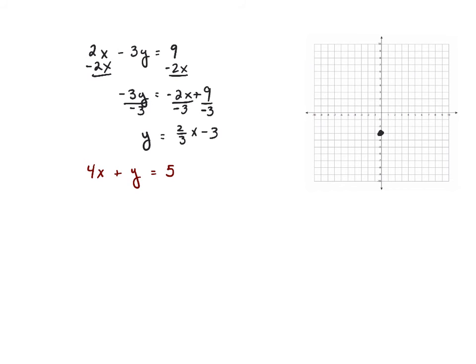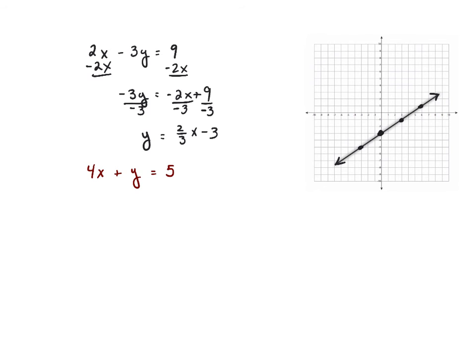Y-intercept negative 3, up 2 over 3. Down 2, back 3. So let's draw it in. Let's put some arrows on it.